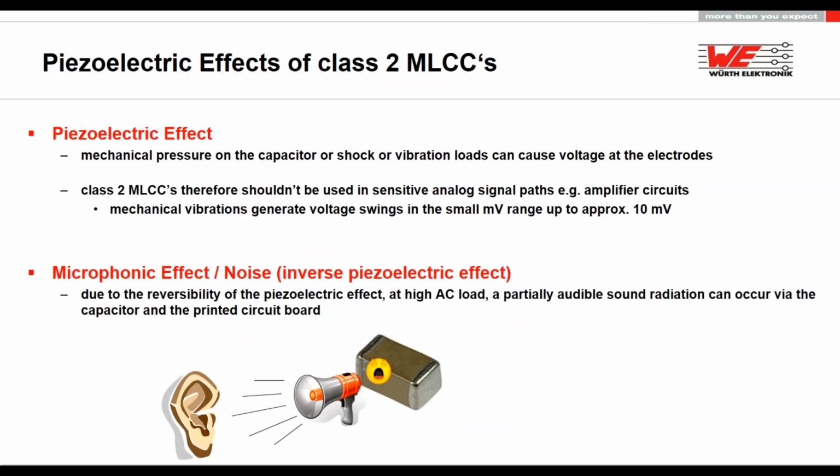So if you bring any vibration or bending load on the ceramic body, you can induce voltage at the electrodes, and this can be even in a millivolt range, approximately up to 10 millivolt. So especially for analog designs or amplifier circuits or very precise measurement circuits, this can be a problem to take class 2 ceramics in these designs, because if you have vibration on the PCB or if you have any shock, it can really change your results of the measurement.